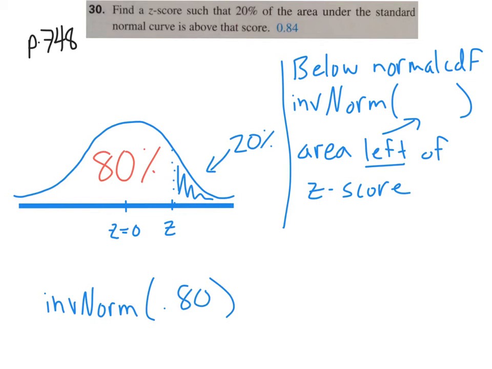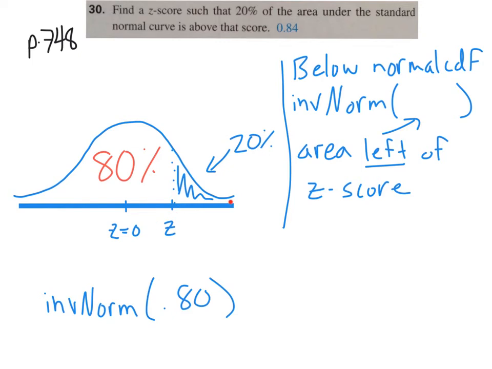Just to refresh, it's kind of specific. When you use the invNorm function, you always plug in the area that's to the left of the z-score you're after. The way we drew this picture, z was right here, and the area to the right of it was 20%, because that's what they told us: 20% of the area is above that score.